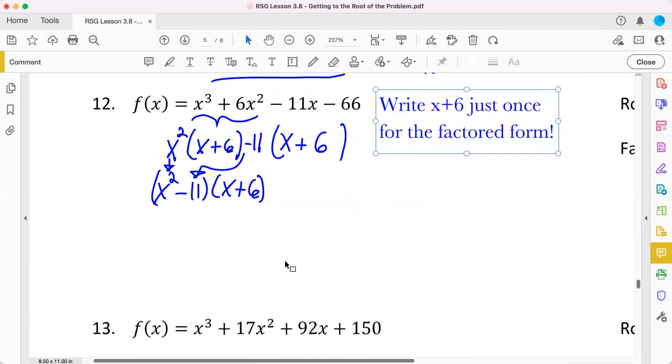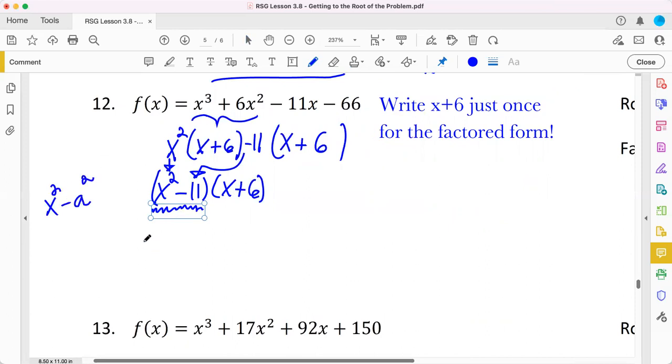So you might get here and think, well, that looks about right. That looks okay. But I know this is mean, but this is a difference of squares because it's x squared minus some term that's really being squared. So this is not nice, but they do it, and you're actually totally capable if you just acknowledge that this is x minus square root of 11 and x plus square root of 11, and also an x plus 6.